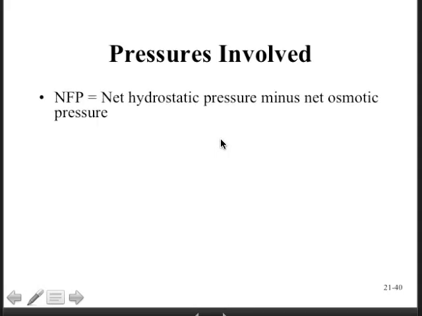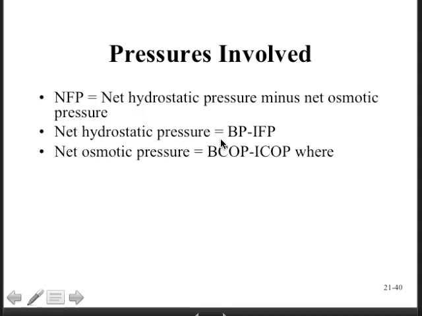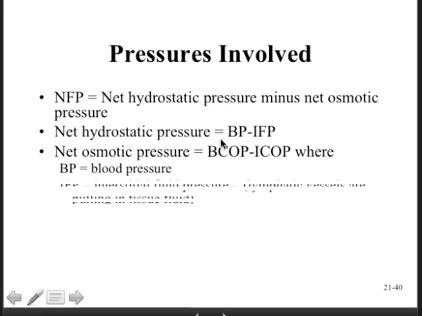Net filtration pressure is equal to net hydrostatic pressure minus net osmotic. Net hydrostatic is equal to the blood pressure minus the interstitial fluid pressure. The osmotic pressure is equal to the blood colloid osmotic pressure minus the interstitial fluid osmotic pressure.